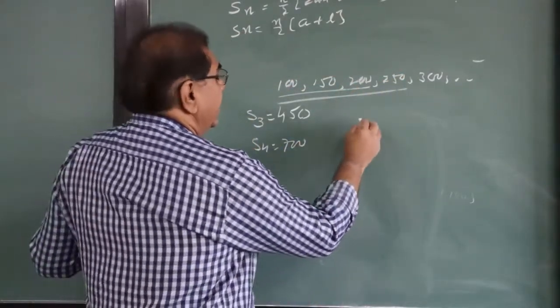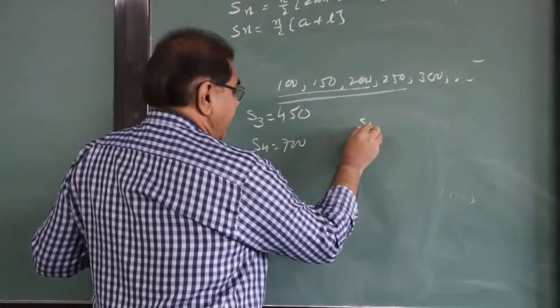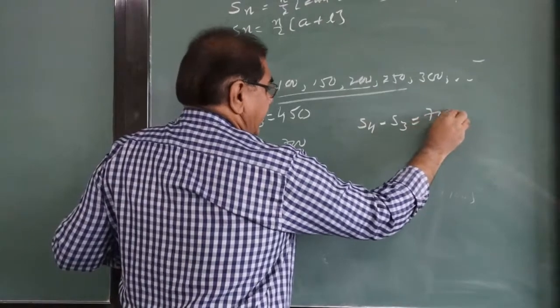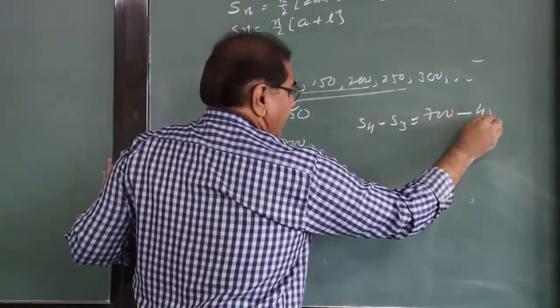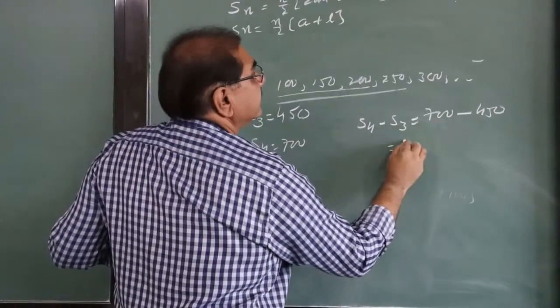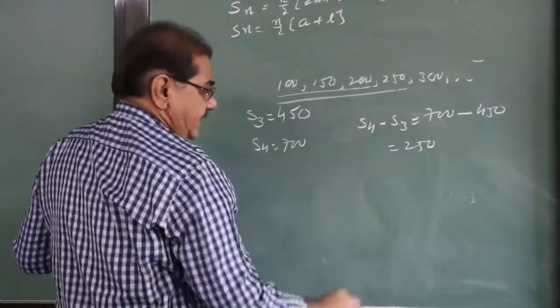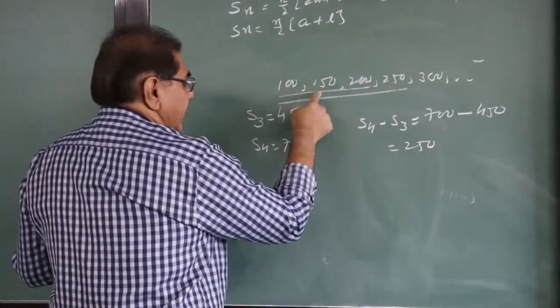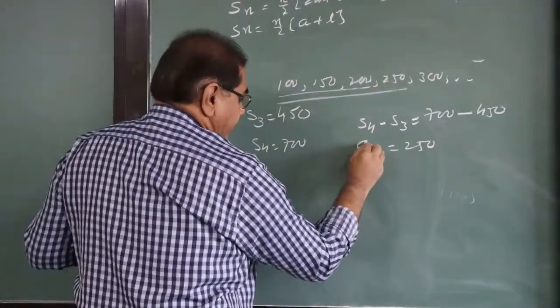Now I take the difference of S4 and S3. How much is it? 700 minus 450, and that is 250. The difference is 250. And what is 250? It is the fourth term.